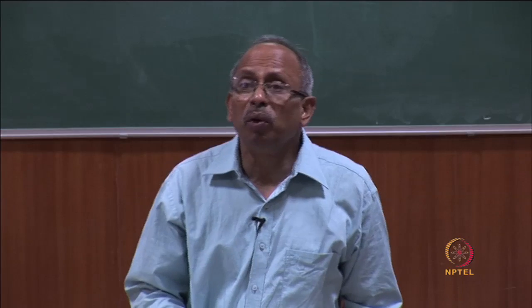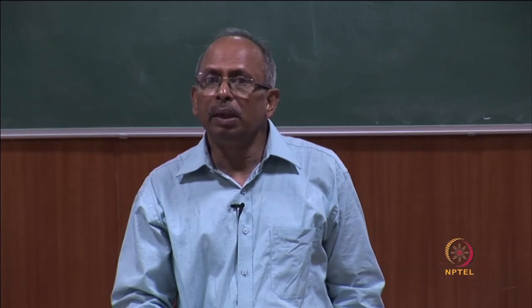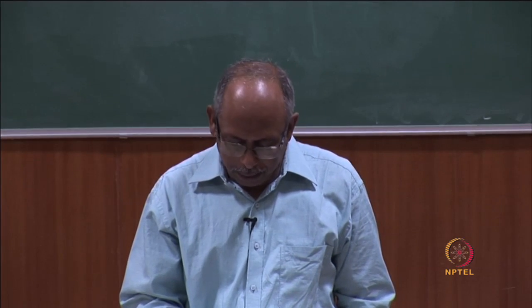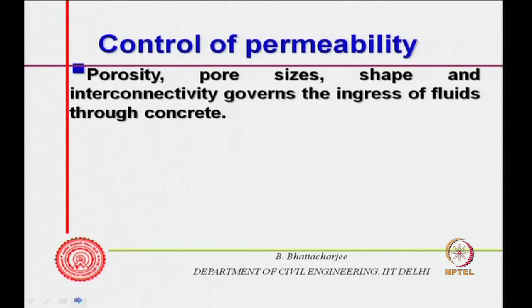So, what we have seen so far? We have seen that permeability depends upon porosity, pore sizes, shape, interconnectivity, and this all governs the ingress of fluid through the concrete. All right. So, if we want to control the permeability, we will have to actually look into these issues.